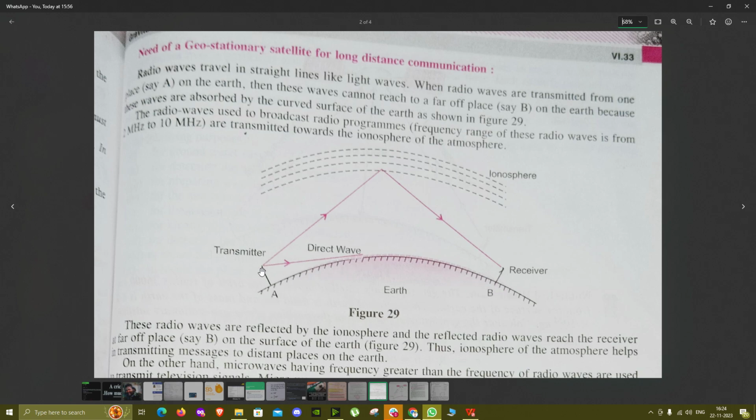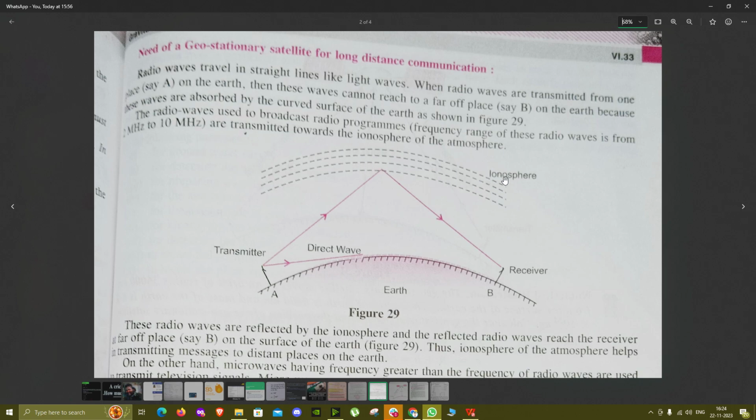They cannot directly, because radio waves only travel in a straight line. So they cannot reach the receiver if you are just transmitting them. So what is the need? Radio waves were used to broadcast radio programs. The frequency of those radio waves was from 2 megahertz to 10 megahertz. This was the frequency range for radio waves.